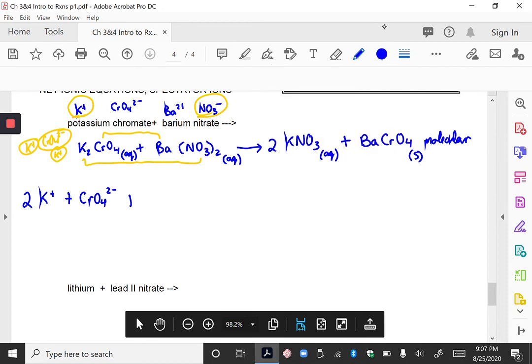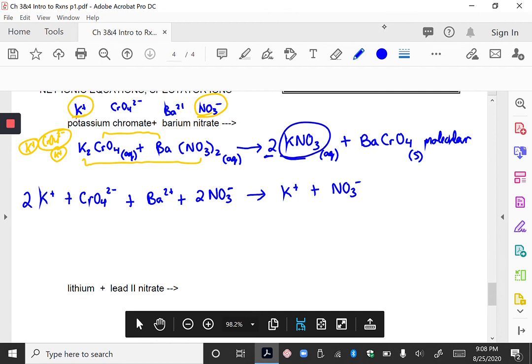All right, next one. This one is made up of barium ions and nitrate ions. So we need 1 barium ion, Ba2 plus, and then we need 2 of the nitrate ions, 2 of the NO3 minuses. On the product side, this one is soluble, so the ions dissociate as well. This is made up of K pluses and NO3 minuses. And since we have that 2, that means 2 of this whole thing.